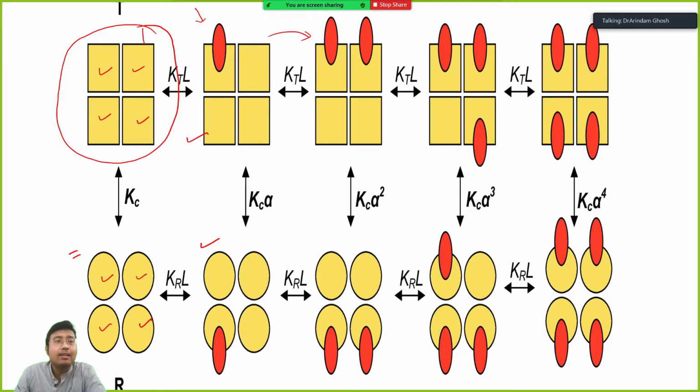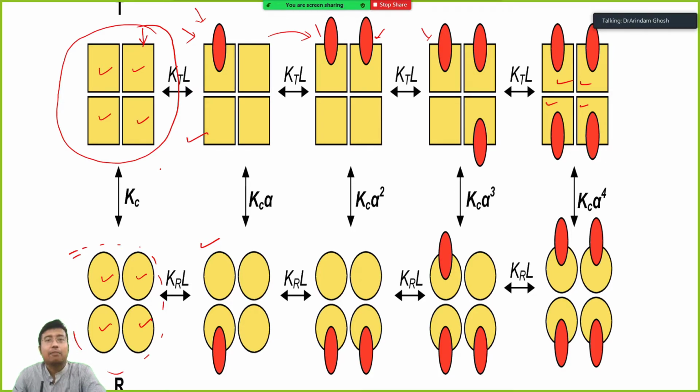No single change in monomer conformation happens. Even if four oxygen molecules have attached, these are still in taut form. Very important: there is no single change in monomeric conformation. Either all four will be in taut form or all four will be in relaxed form. So number one, they exist simultaneously in taut and relaxed form, and there is no single change in monomeric conformation.